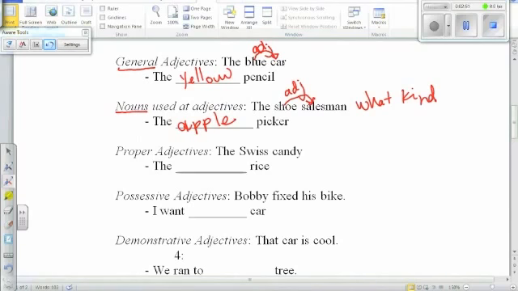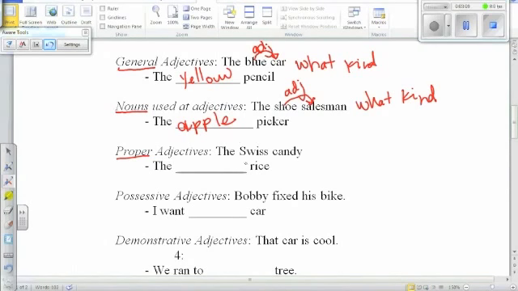Also, I forgot to say for blue car, you could say what kind or which one, but I'll write down what kind. Okay, proper adjectives. These are names. Proper is like the name of something.